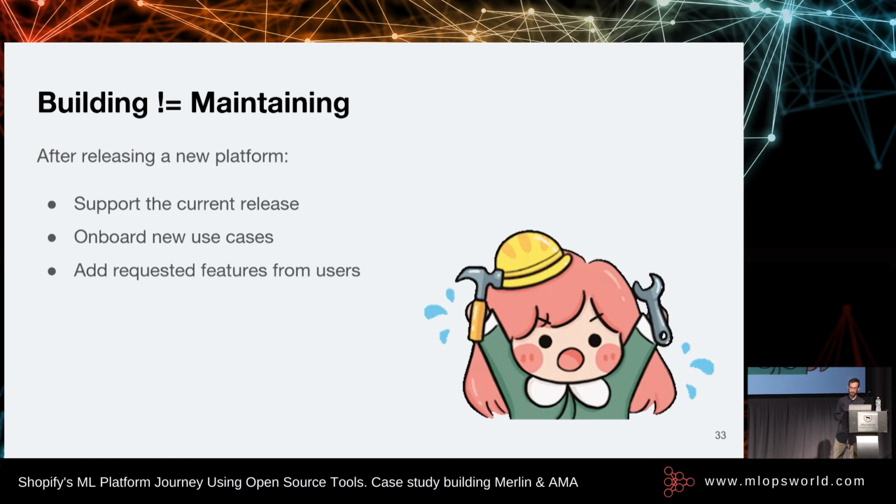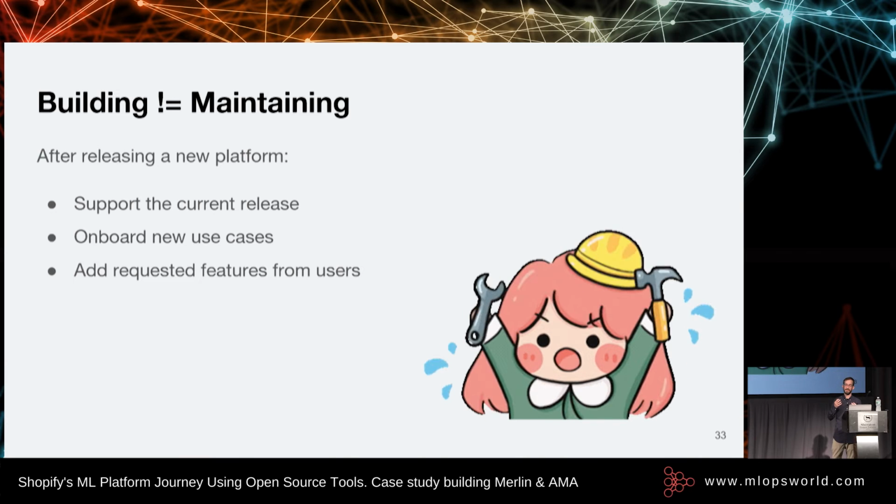Onboarding new cases requires additional effort and can be time-consuming. So once you release your platform, having a dedicated team or dedicated group of people that are doing that specific thing and helping other teams to onboard and make sure that they know how to do the things that they do is super important.